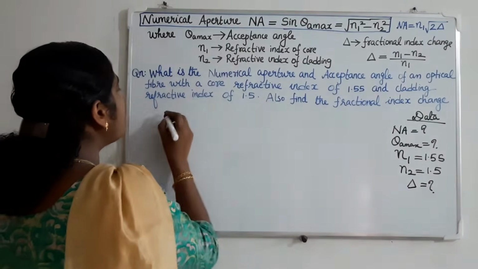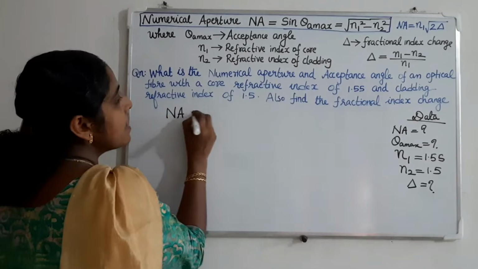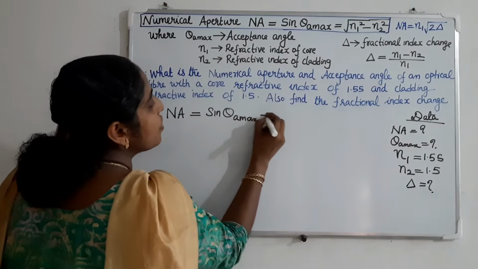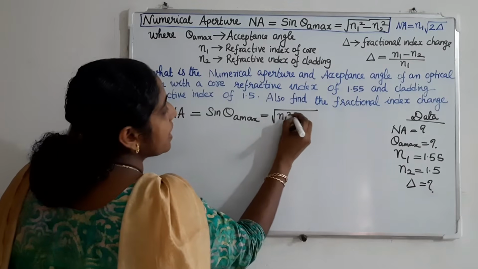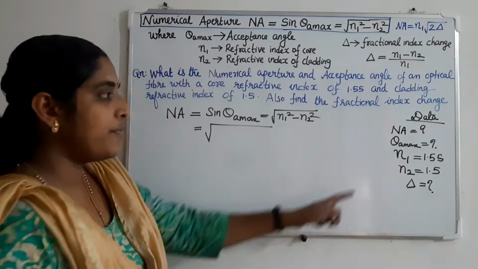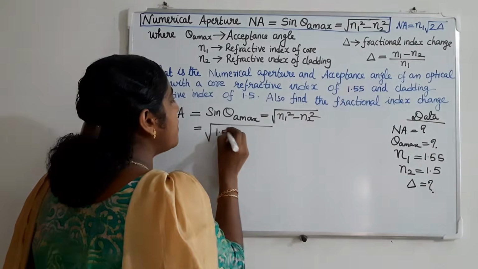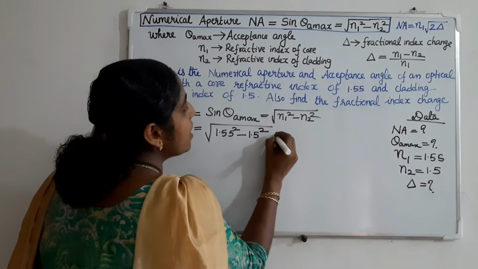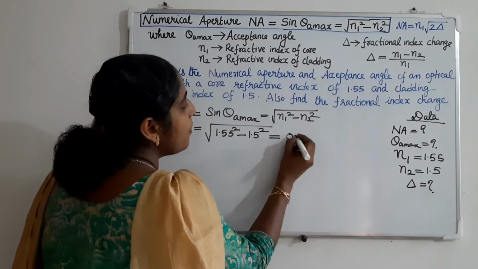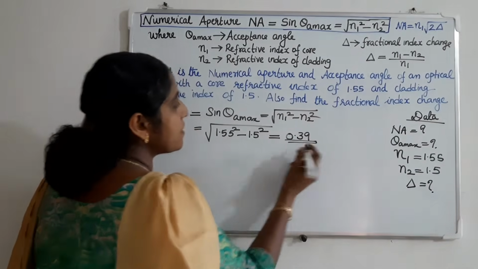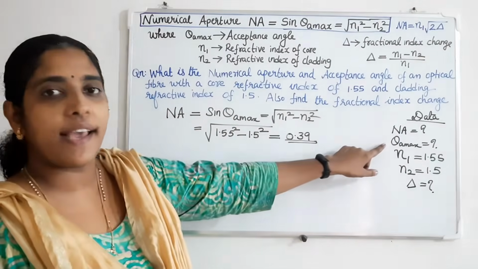So the expression for numerical aperture is sine theta a maximum, that is equal to root of n1 square minus n2 square. That is root of n1 is 1.55 square minus n2 is 1.5 square. On calculating we will get 0.39. So from the obtained numerical aperture value, we can find out the acceptance angle.